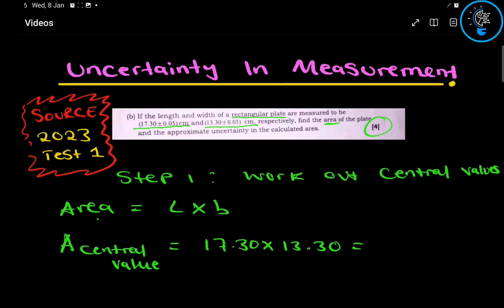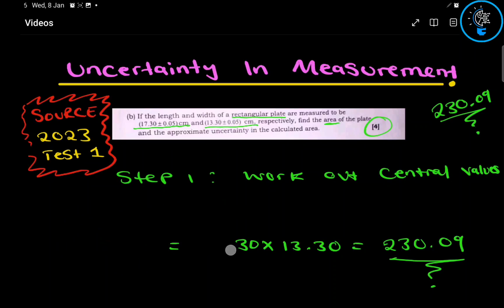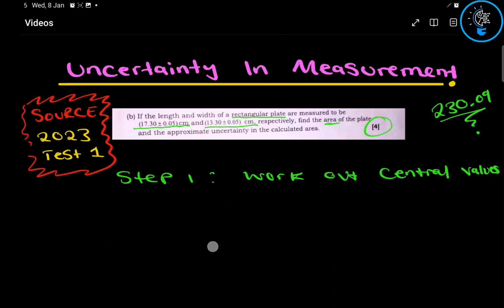So punch that into your calculator, 17.30 times 13.3, and you're going to get a value of 230.09 as your answer. So this is part of our solution, so we need to write it there.